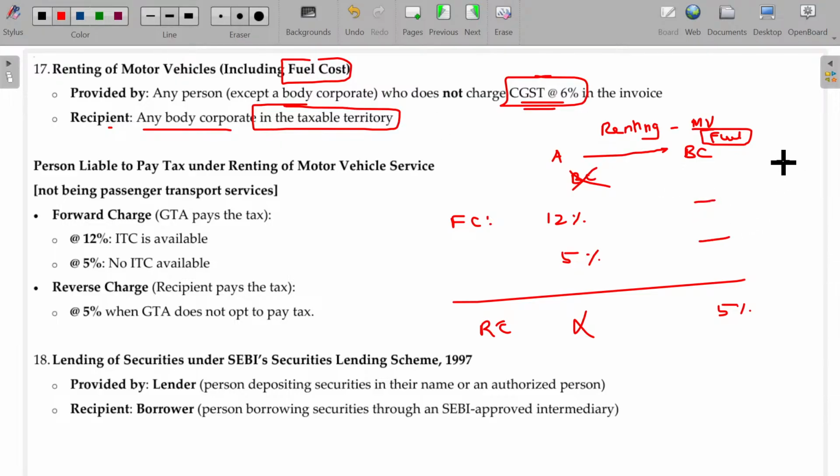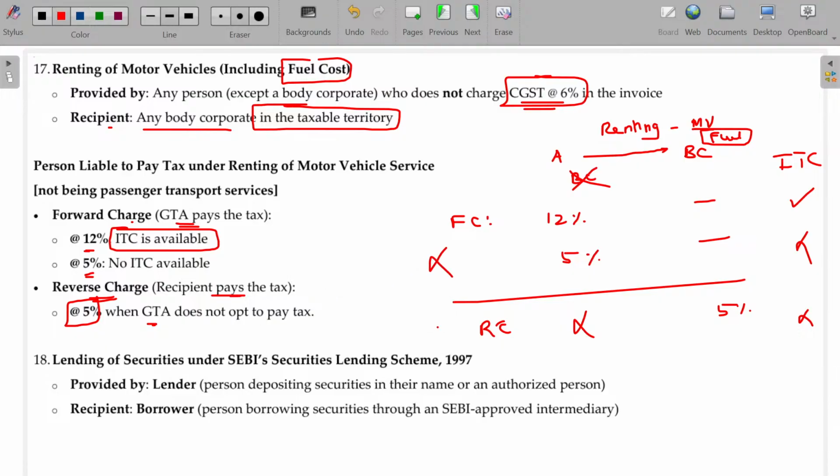Tax not applicable in some cases. In case of ITC: allowed, not allowed. Clear? The GTA pays the tax under forward charge. If 12% tax is paid by the GTA, then the recipient can enjoy the ITC. If it is only 5%, no ITC is available. In case of reverse charge, the recipient pays the tax. He can simply pay 5% when the GTA does not opt to pay tax.